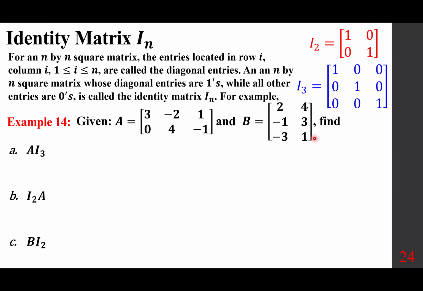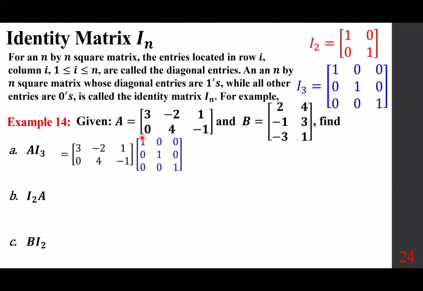Now we are given a couple of matrices, A and B, and we want to find A times I sub 3, I sub 2 times A, and B times I sub 2. So what happens if you multiply these two? Just as an example, if you multiply this one by this one, you get 3 and the rest of them is 0.